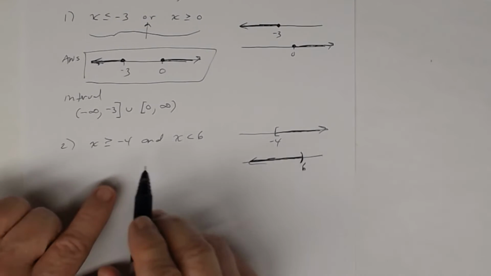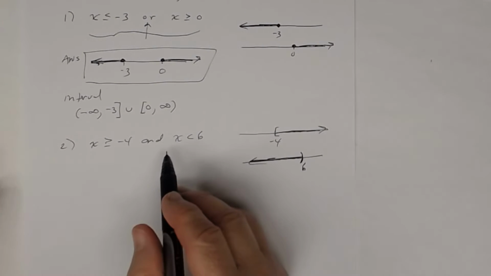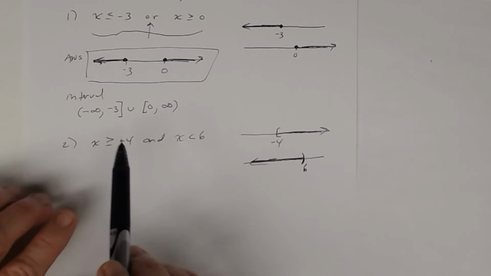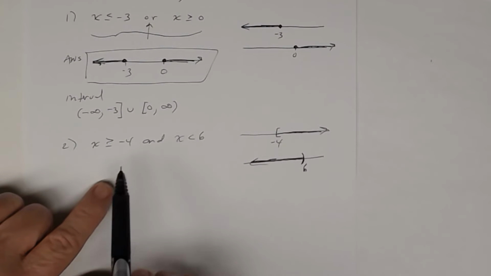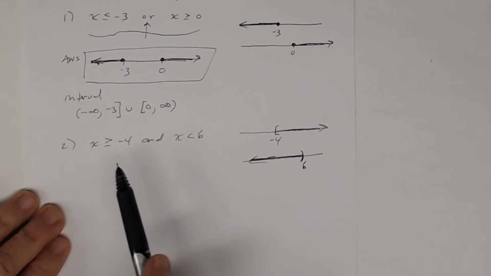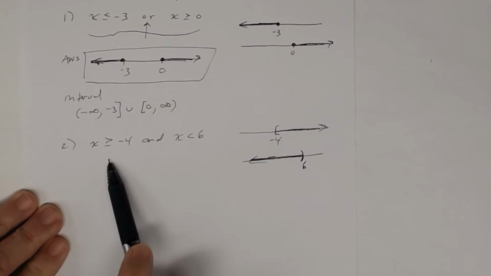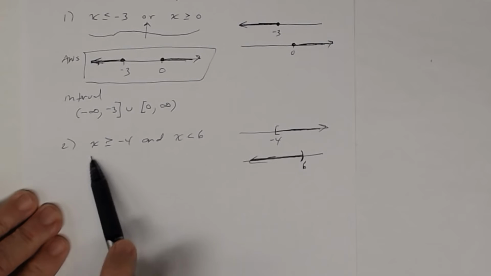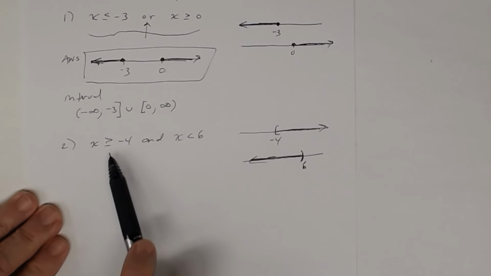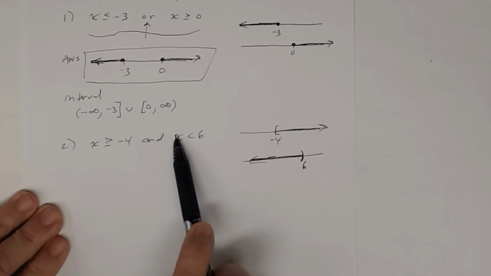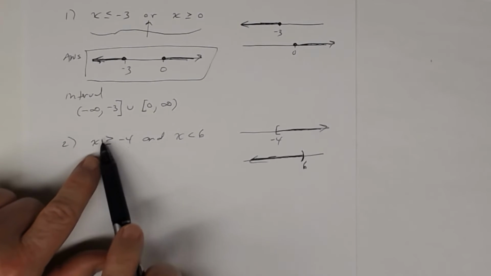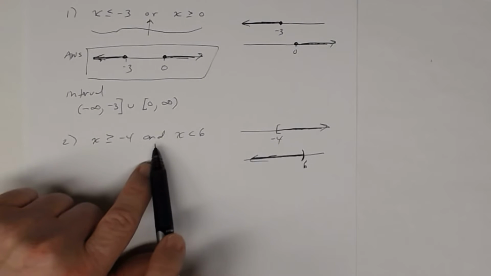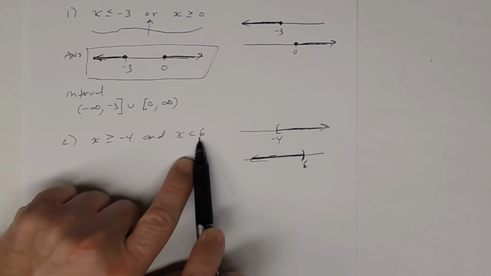All right, now let's think about the word and. And means this compound inequality with the word and means this. The solution to this compound inequality will be the solution that's here, and at the same time, the solutions that satisfy this. So I want the solutions that satisfy this and this at the same time.